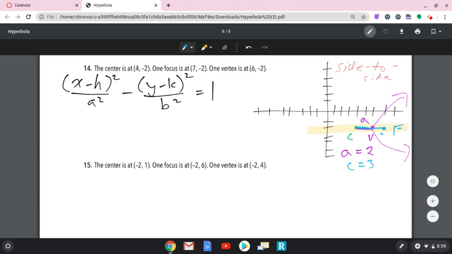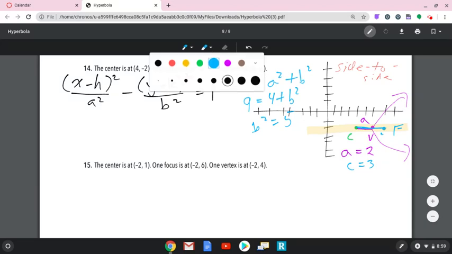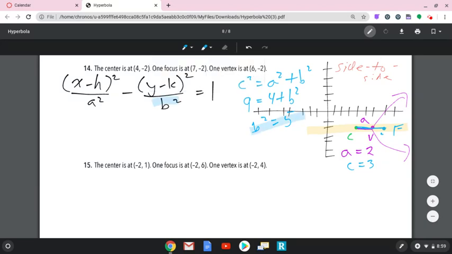Once you find a and c, you can calculate b because we know c squared is equivalent to a squared plus b squared. So 9 equals 2 squared, which is 4, plus b squared, and b squared is equivalent to 5. I don't need to find b itself because b squared is what I wanted in my equation. So now I just plug everything in. I have x minus h, and h is the x value of my center, so (x minus 4) squared over a squared.